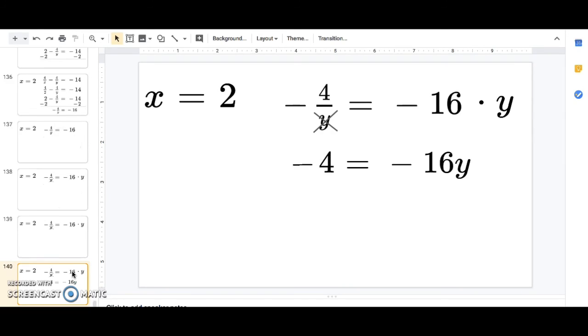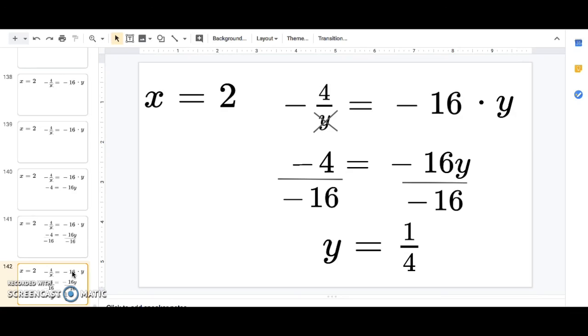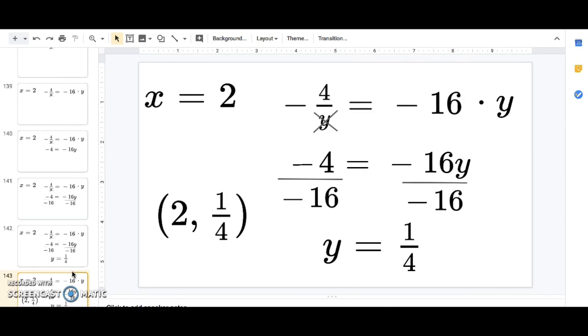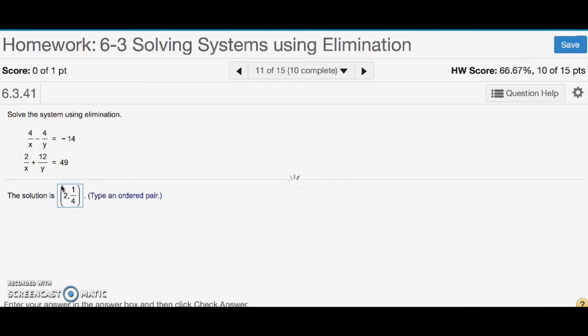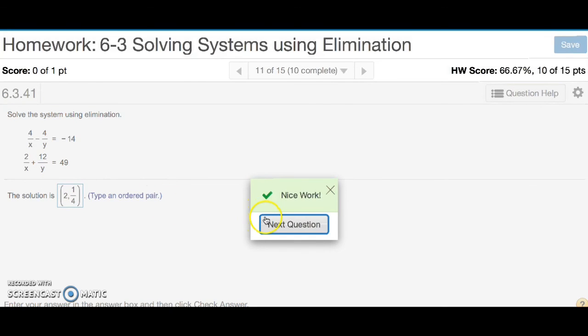We'll have negative 4 equals negative 16y. Divide both sides by negative 16, we'll have positive 1 over 4 for y. My ordered pair will then be 2 and 1 over 4. So let's put that in. And it's correct. There is number 11.